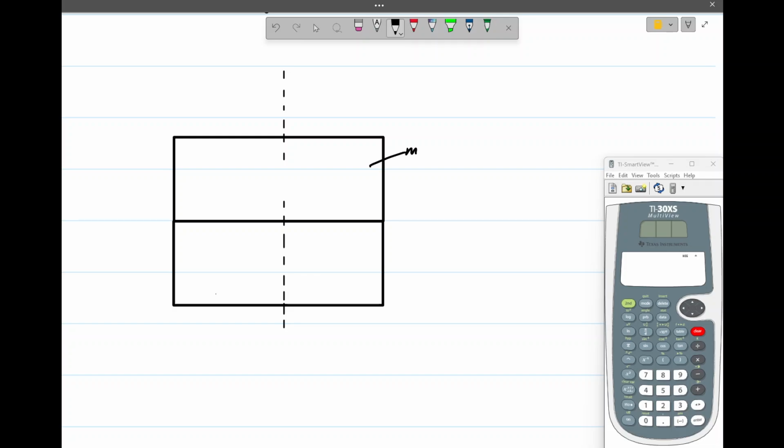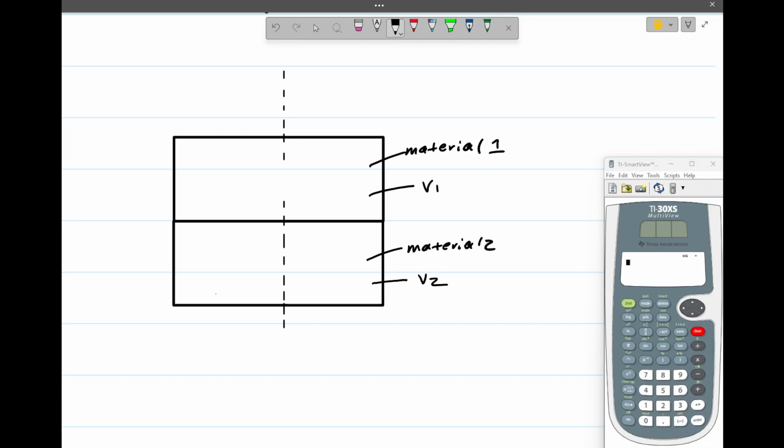We have a material here, material 1, and then we have material 2. The rate at which sound travels through material 1 we call velocity 1, and the rate at which sound travels through material 2 we call velocity 2.